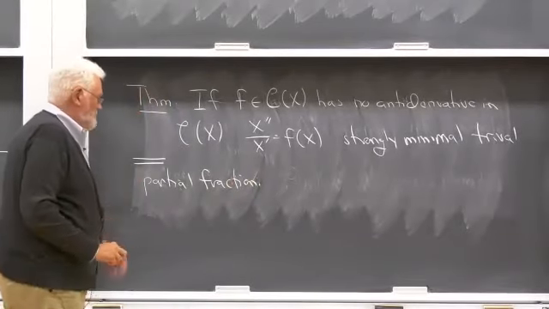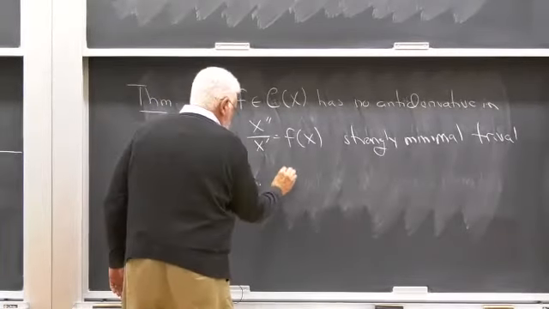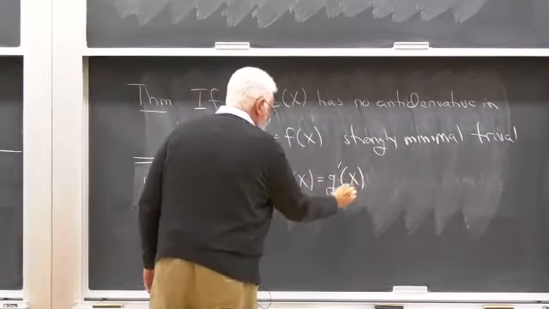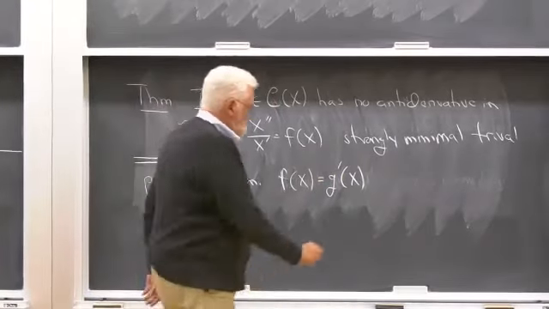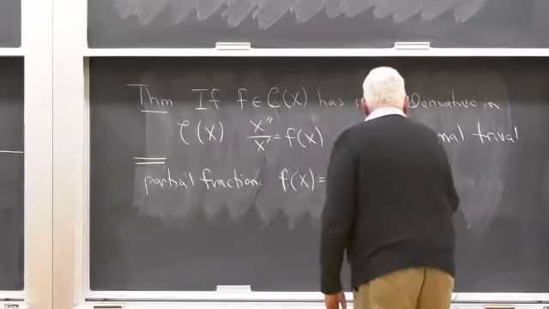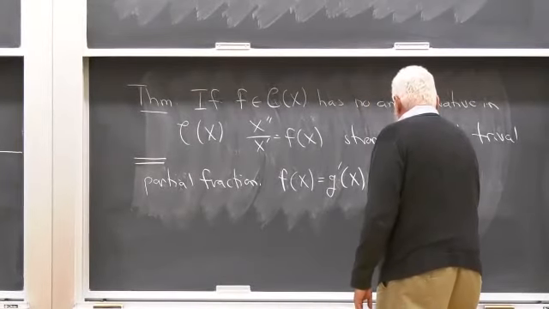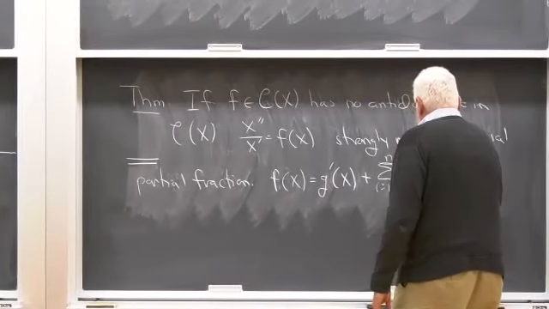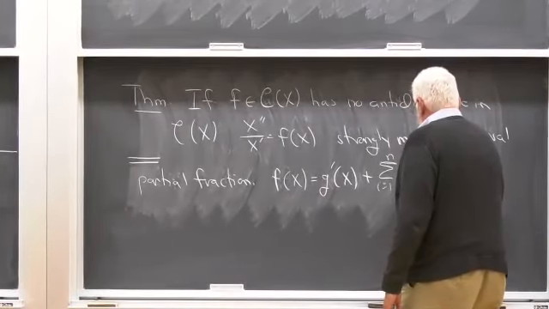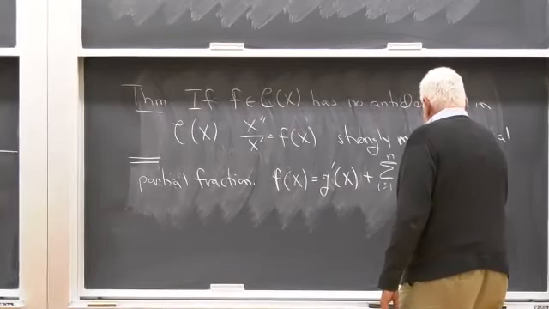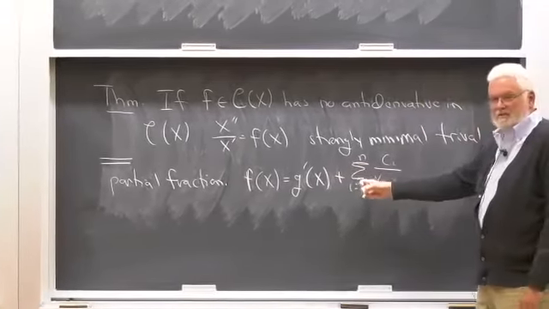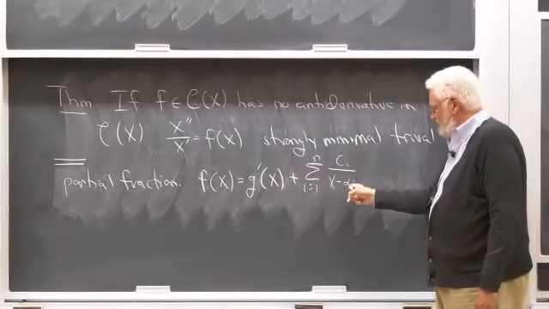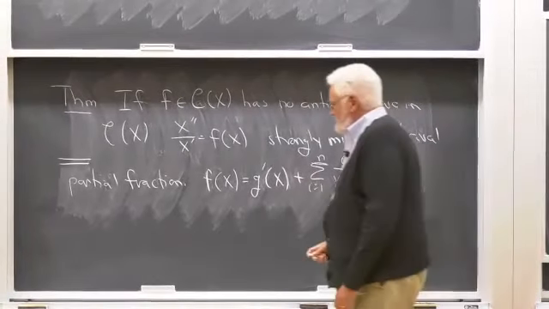And since I'm doing it over an algebraically closed field, I can always write f as a derivative plus a linear combination of terms 1 over x minus alpha i.